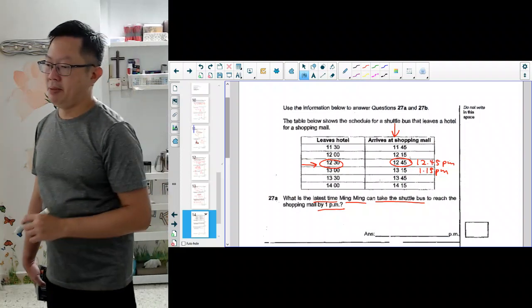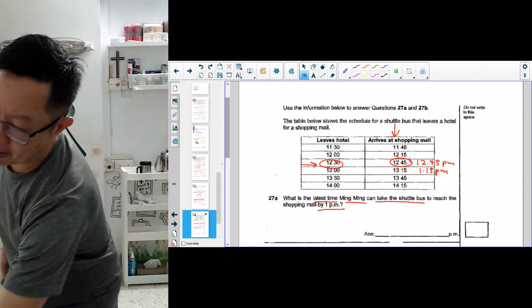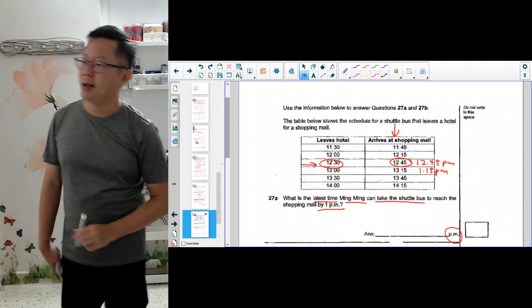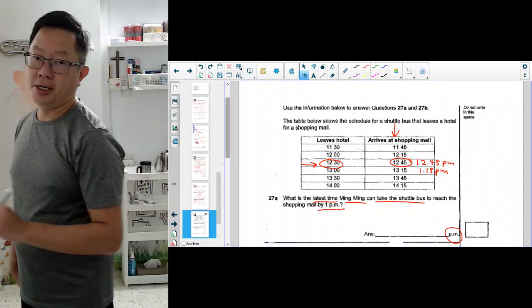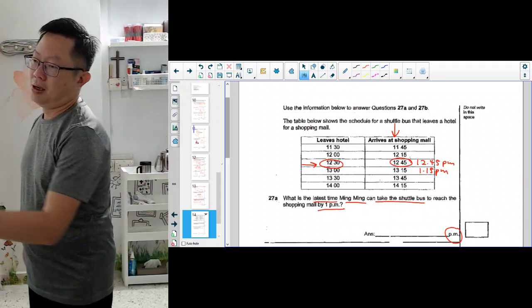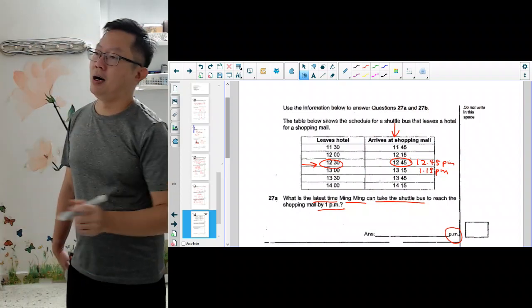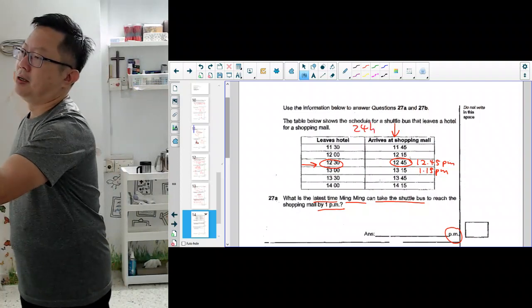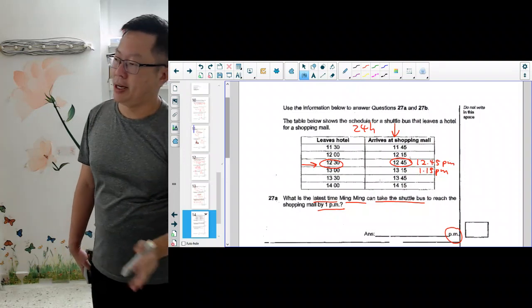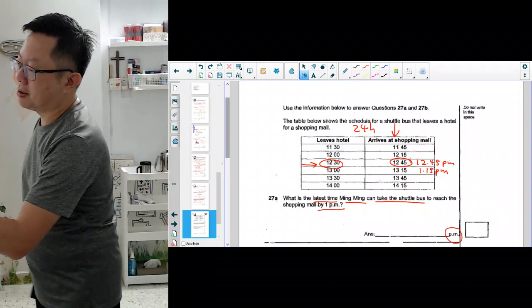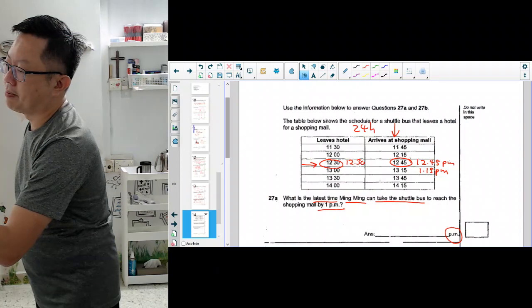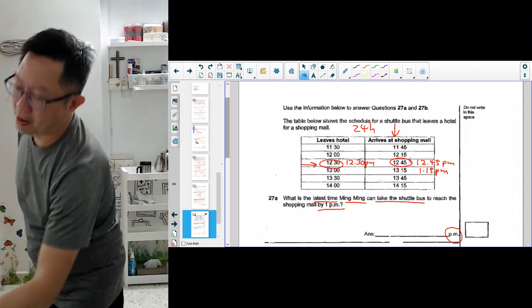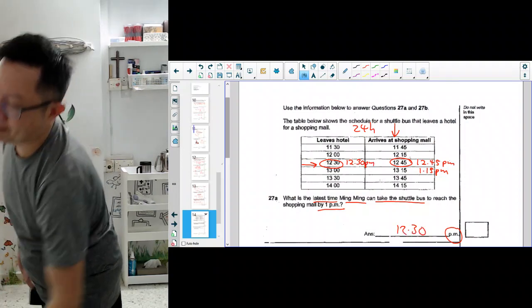So the latest time Ming Ming can take the shuttle bus is, look carefully, the unit given is p.m. So you have to change the 12:30 into 12-hour clock, because the time given in the table is in 24-hour clock. Whatever time you see inside is in 24-hour format. So you change to 12-hour clock. So this will be 12:30 p.m. So you have to take the bus at 12:30 p.m.